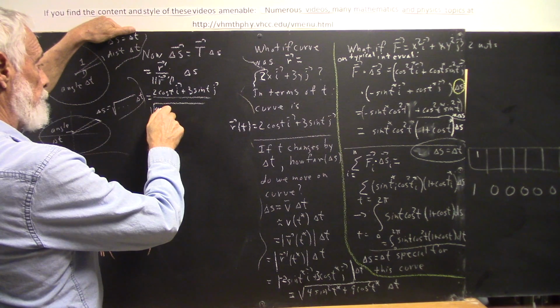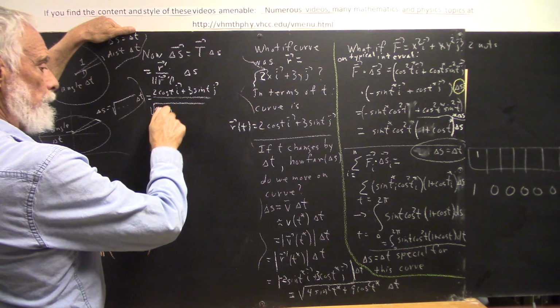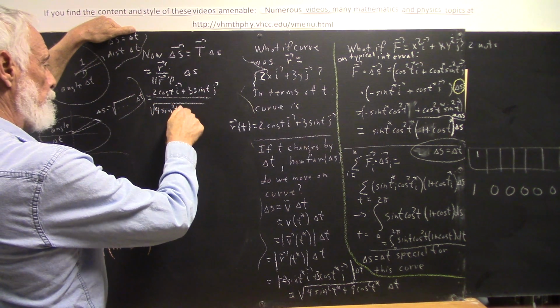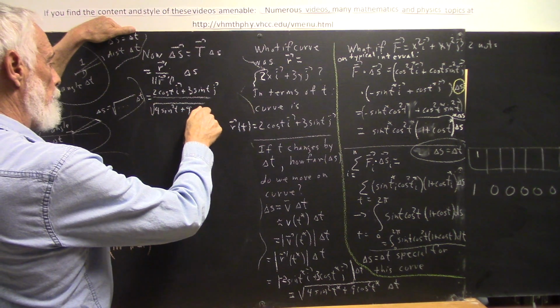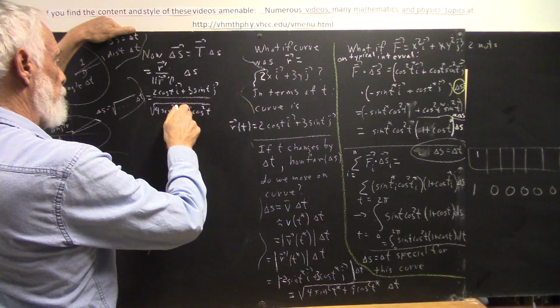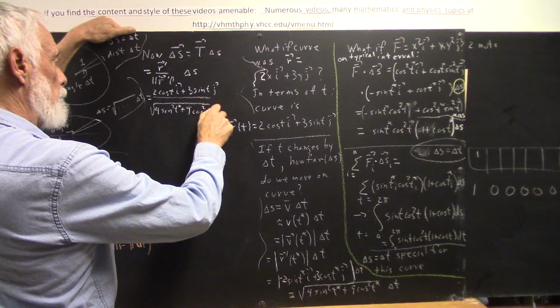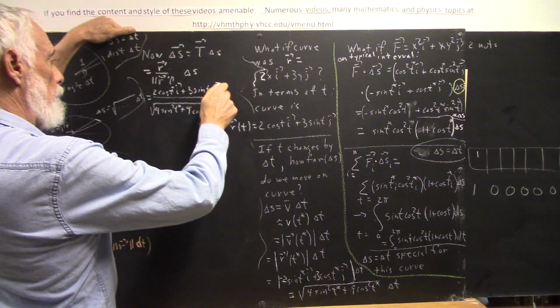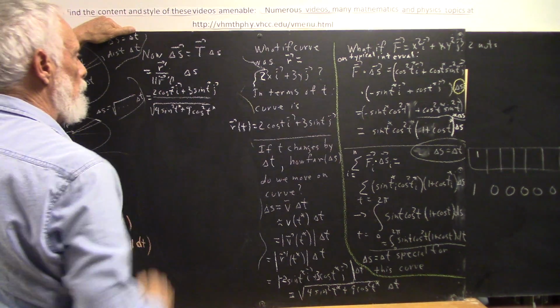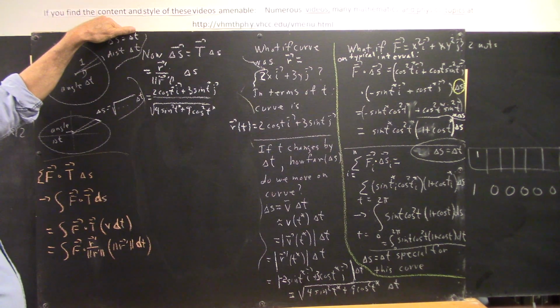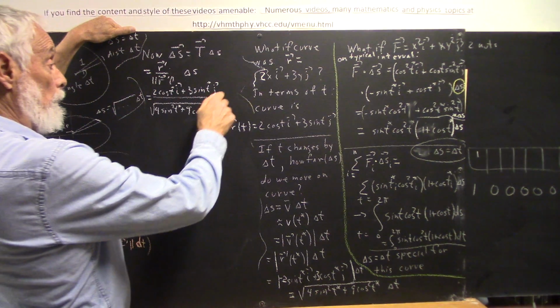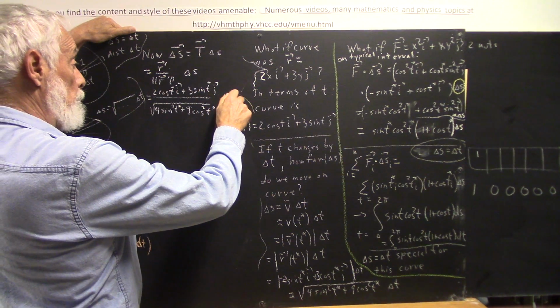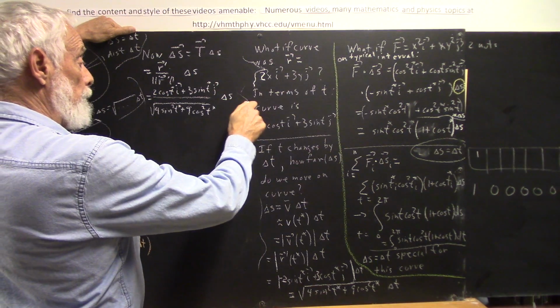It's 4 sine squared of t plus 9 cosine squared of t. And since we're talking about a specific interval, we'll use t star. We're evaluating this at our sample point, and that's multiplied by delta s.